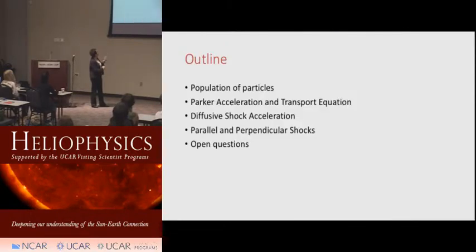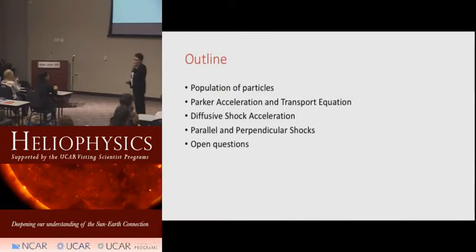Okay, so the outline: I thought I'd go through the populations of particles, giving you a flavor of what I'm talking about. And go through the same thing I did in the morning, do some of my handwriting, and go as fast as I can into the basics of what the Parker acceleration equation is. It's an equation that describes acceleration and transport.